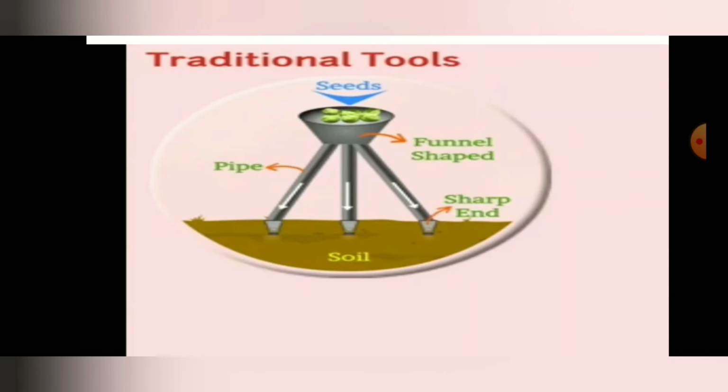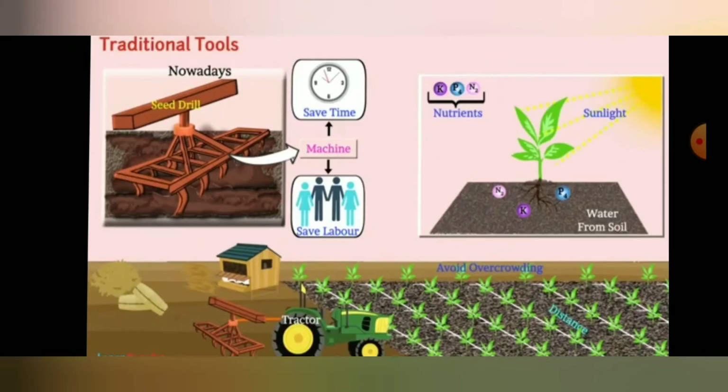So this is a funnel containing 3 pipes which have a sharp end. This method is also followed by farmers to sow the seeds. Okay, next. Another traditional method which is mostly used nowadays is the seed drill.